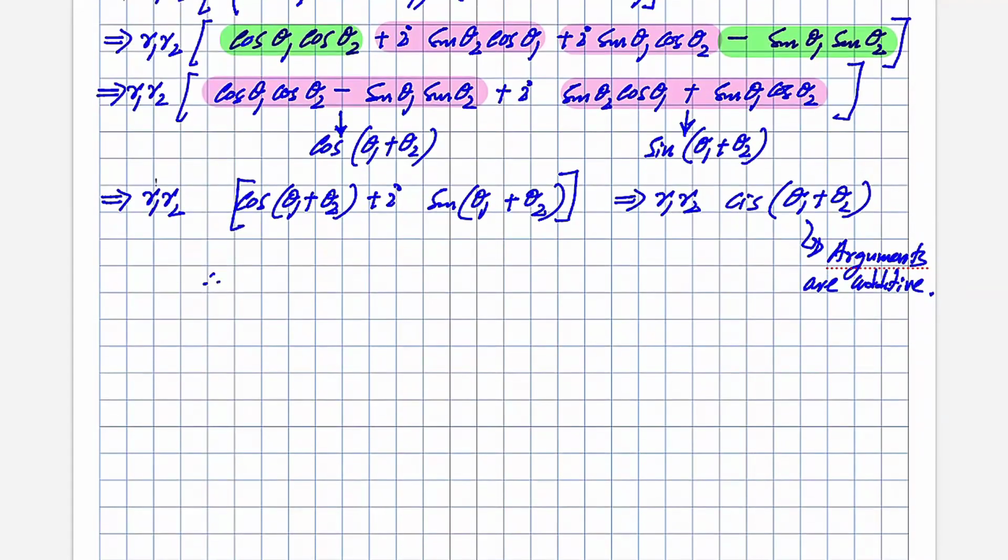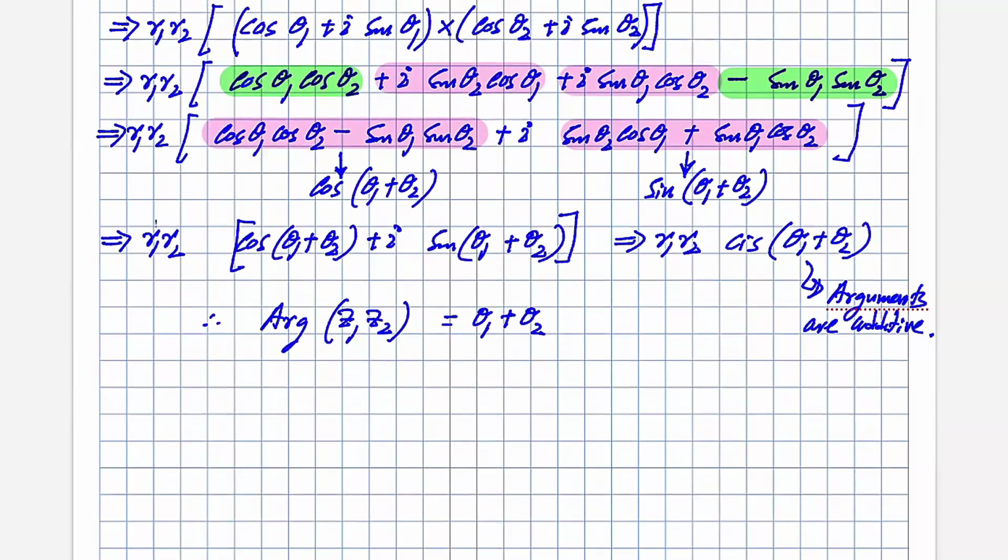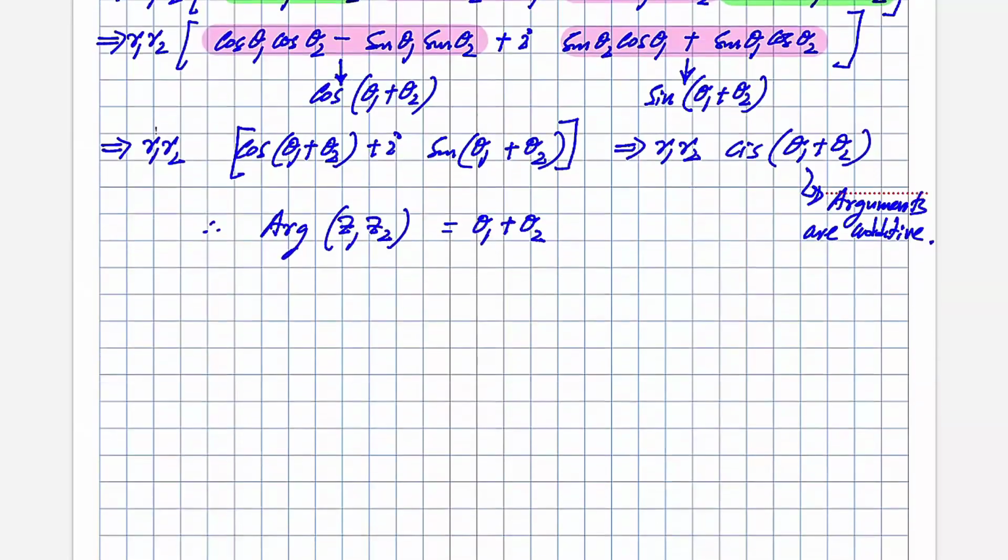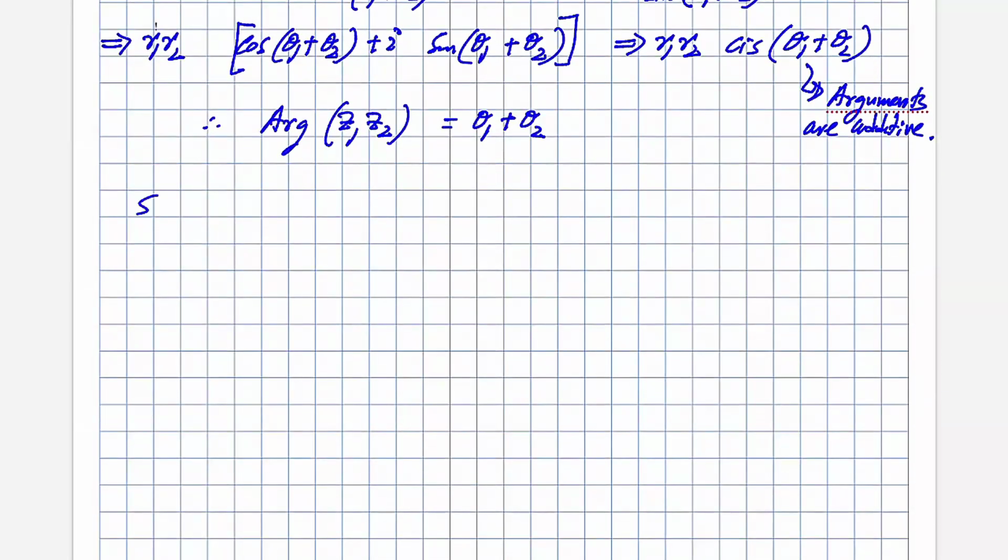So argument of z1, z2 is going to be theta 1 plus theta 2. So that is what we have now, right? Okay. So z1, z2, we got r1, r2 cis theta 1 plus theta 2.